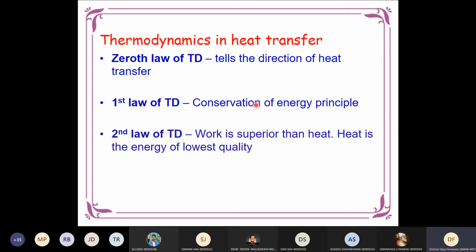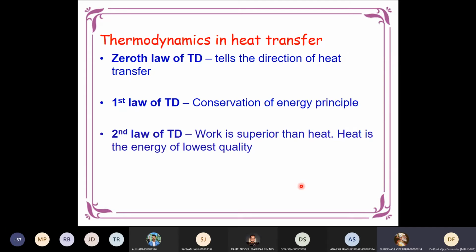I think these three laws should be well known to you because you have studied thermodynamics 1 and 2. What does it say? Srinivas, the first law of thermodynamics.